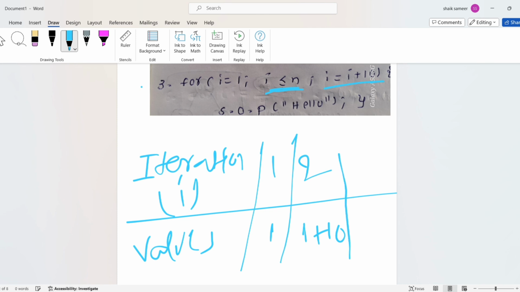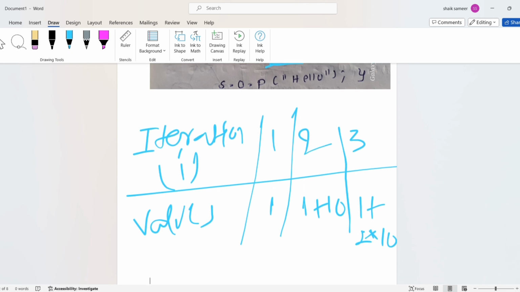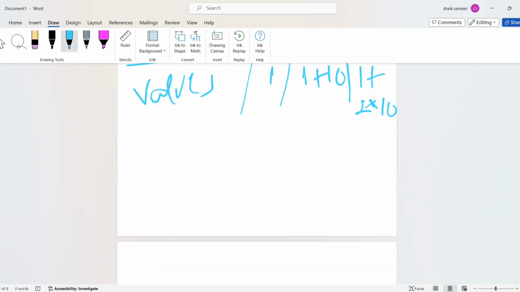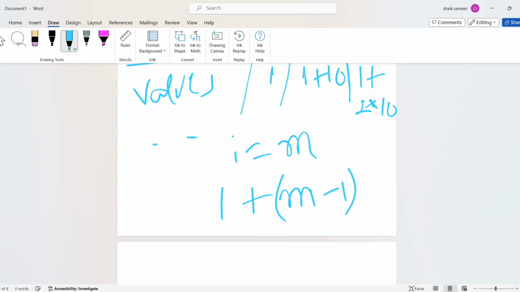For i equal to 3, I will get 1 plus 2 into 10. How did I get 2 into 10? I hope you are understanding. Similarly, if I substitute i equal to m, I will get 1 plus (m minus 1) into 10. So previous value minus 1 into 10.